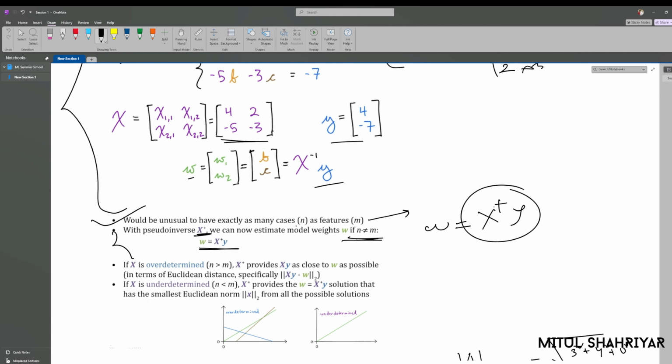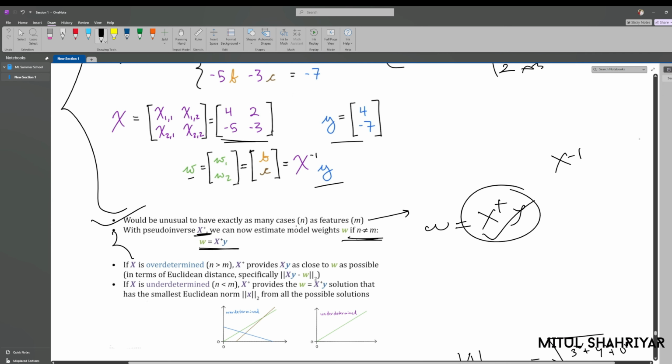Because now, rather than x inverse, you can easily go for x pseudo inverse, and that is the solution for your problem. X inverse was used when we had a square matrix first of all, and no singular matrix. We can call it a singular matrix if, for example, we have 3 4 and then 9 12.